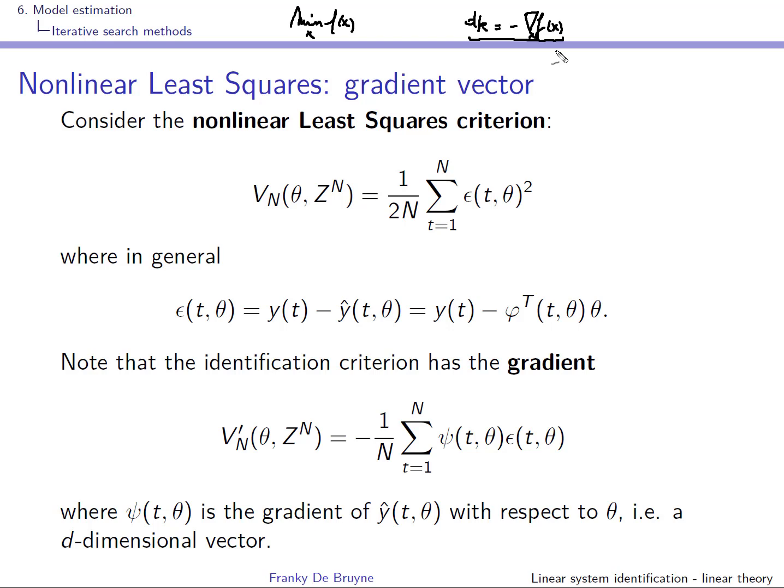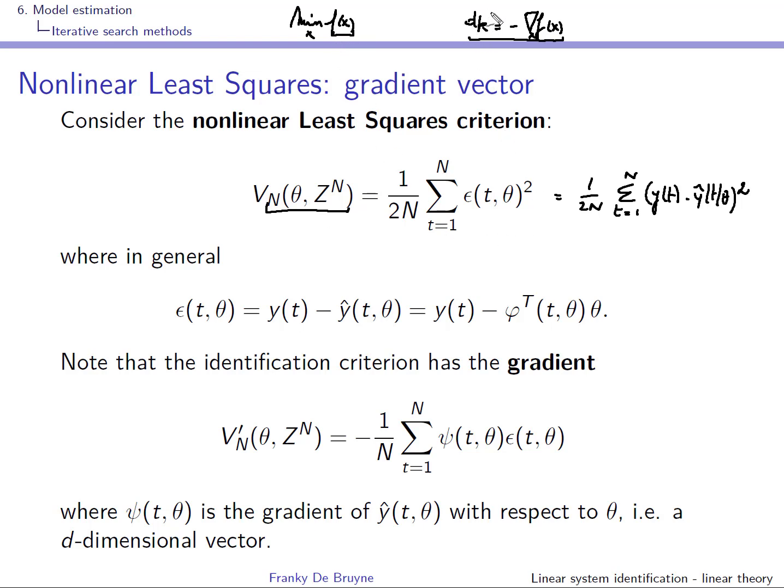So let us consider our nonlinear least squares criterion for identification, and I'll rewrite it as 1 over 2n sum t ranging from 1 to n of y t minus y hat, the one step ahead prediction, and the whole thing squared, right? So this is here what is playing the role of f of x.